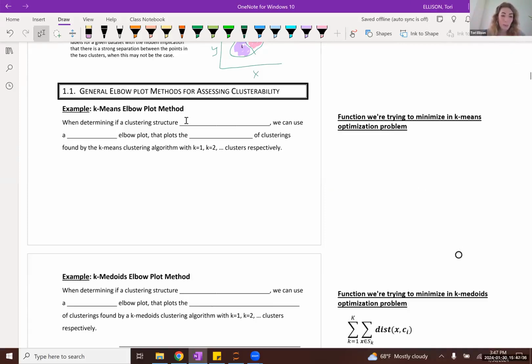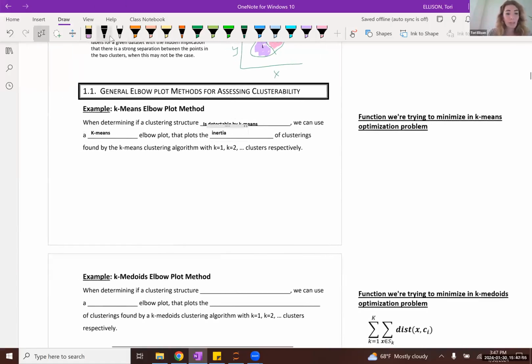So when determining if a clustering structure is detectable by k-means, we can use a k-means elbow plot that plots the inertia of clusterings found by k-means with k equals 1, k equals 2, 3 clusters respectively.